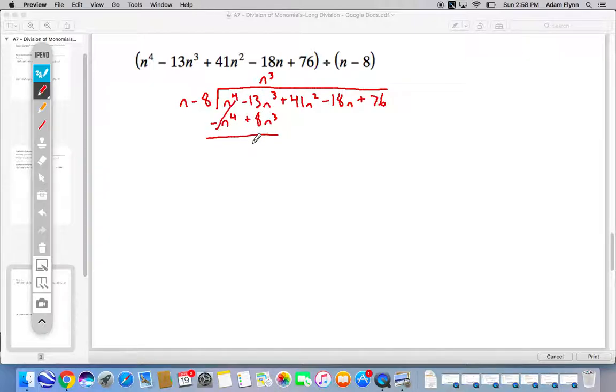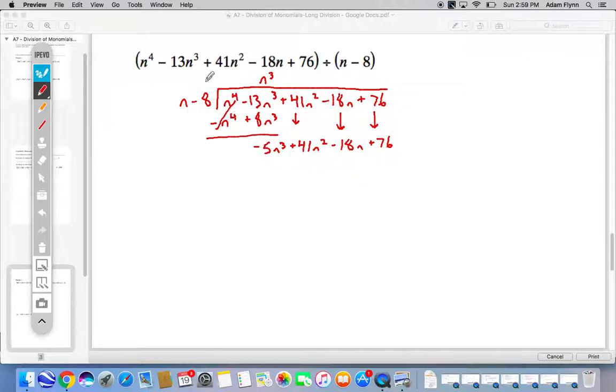I have negative 13n cubed plus 8n cubed, which is negative 5n cubed. And I'll bring down everything else. So I have plus 41n squared minus 18n plus 76. So I'll do the same thing all over again.